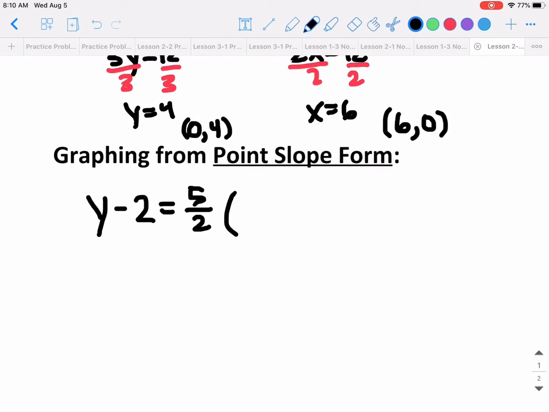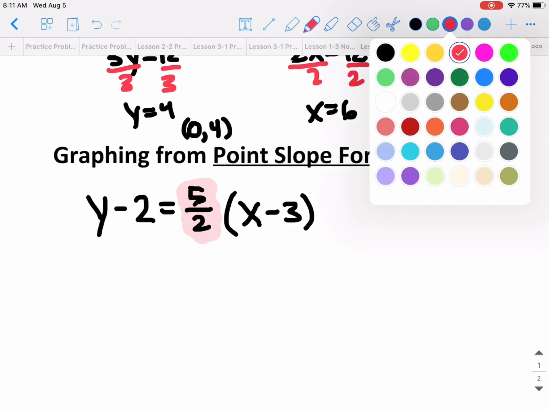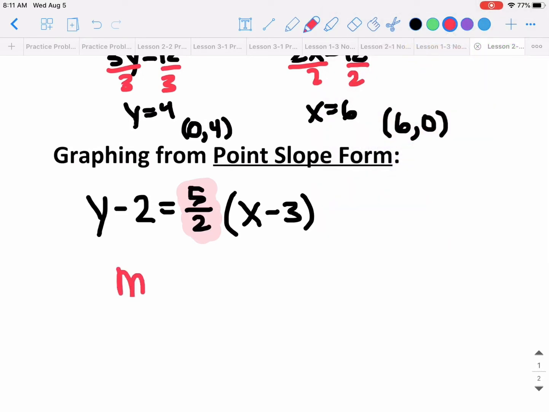For point slope form, an example, maybe I have y minus 2 is equal to 5 over 2 times x minus 3. From this, I know, first and foremost, the slope is the coefficient I have for the expression x minus 3. That's my slope. So I know that m is equal to 5 over 2.